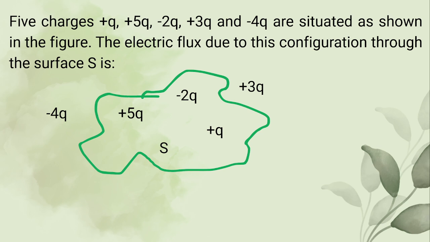As we know, what is the statement of Gauss's law? It tells about how much electric field is present through a closed surface. I ask students who are watching to try to solve this question. You will be able to solve it if you truly understood this statement and the mathematical expression.